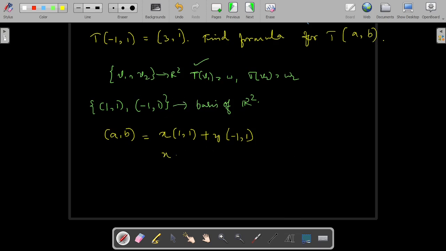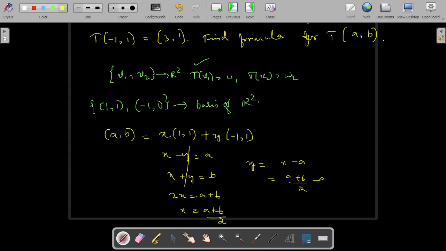So that is x minus y equal to a and x plus y equal to b. So solve this. 2x equal to a plus b, x equal to (a plus b) by 2, and y equal to x minus a, that is (a plus b) by 2 minus a, which gives you (minus a plus b) by 2, because minus 2a plus a is minus a, plus b, by 2.